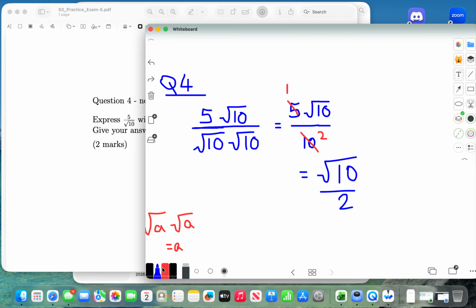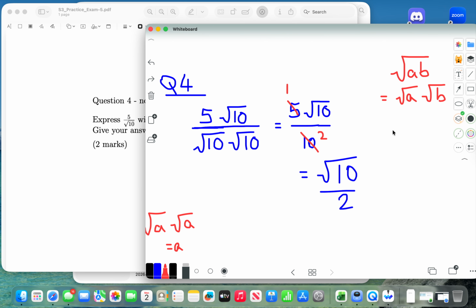You should know by now, or if you don't, maybe you haven't covered this in class, but I'm here to tell you now. We have this rule. So the question is, can we write 10 as a product of two numbers, one of which is square?